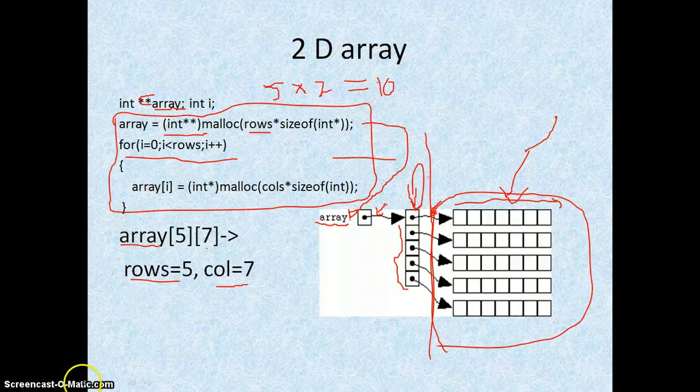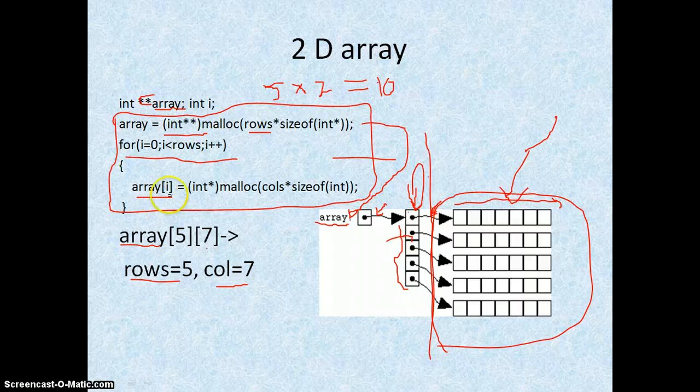Let me clear all this, it would be too cumbersome over here. I hope I am not confusing you. Now for each array element, that is array of i, that is how we access each element: array of 0, array of 1, array of 2, array of 3, and array of 4.